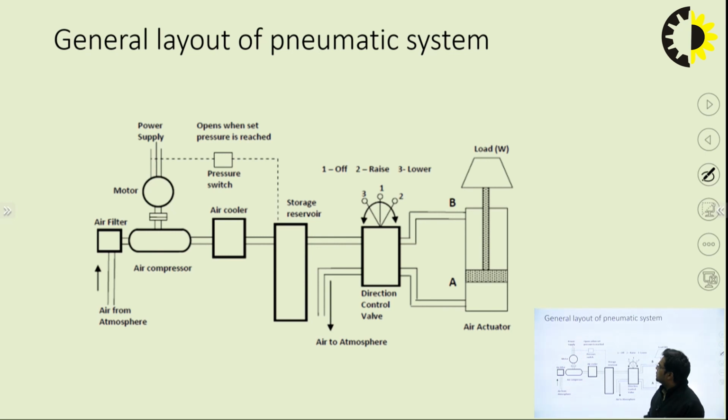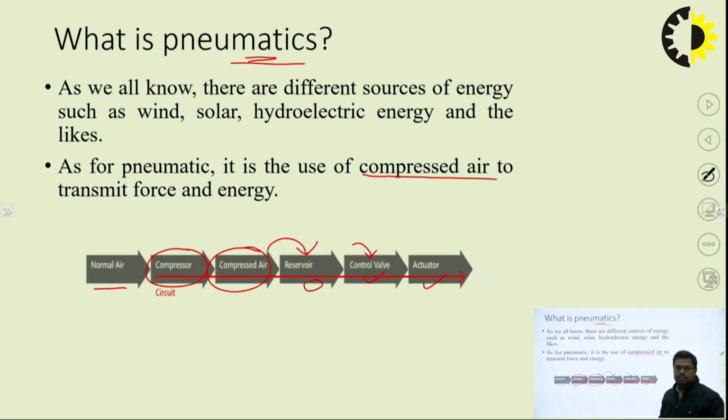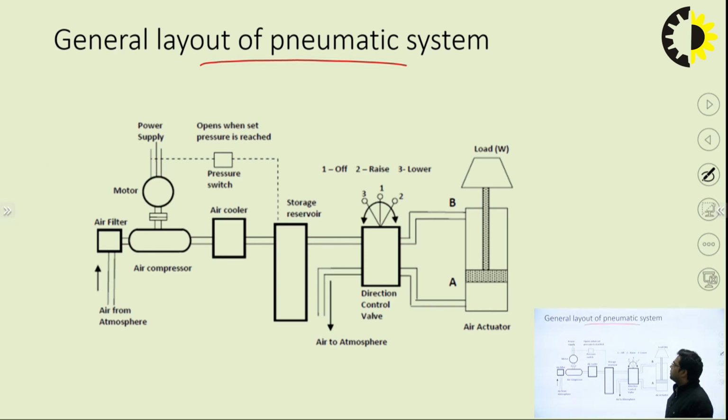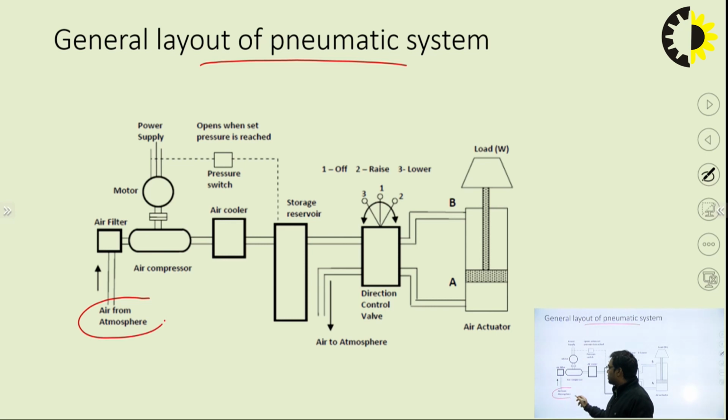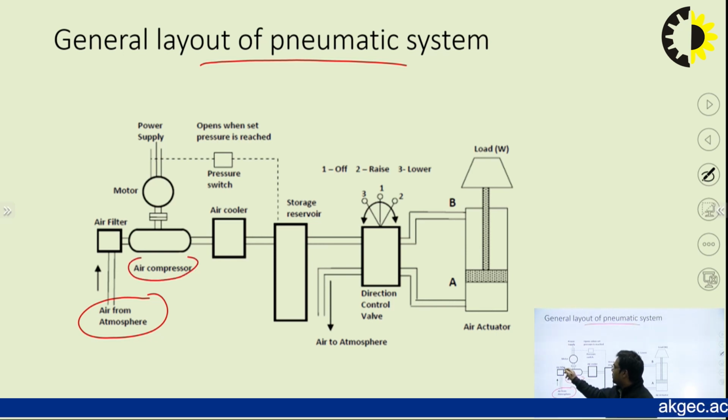So you can see the general layout of the pneumatic system which I have discussed in this slide. The operation of the pneumatic system flows through these basic blocks. The air from the atmosphere is taken in, and before it is given to the air compressor we do filtering.